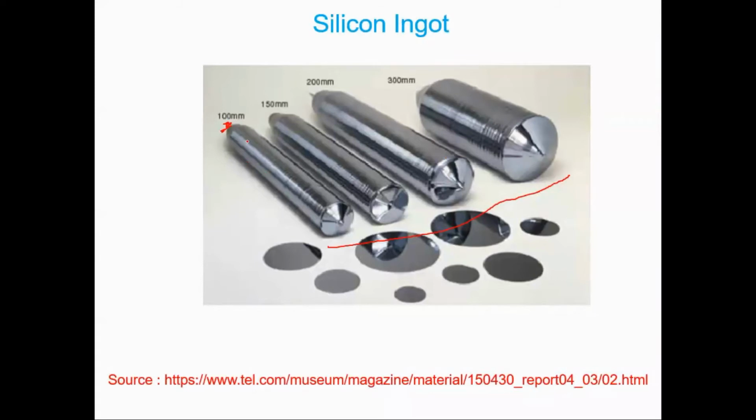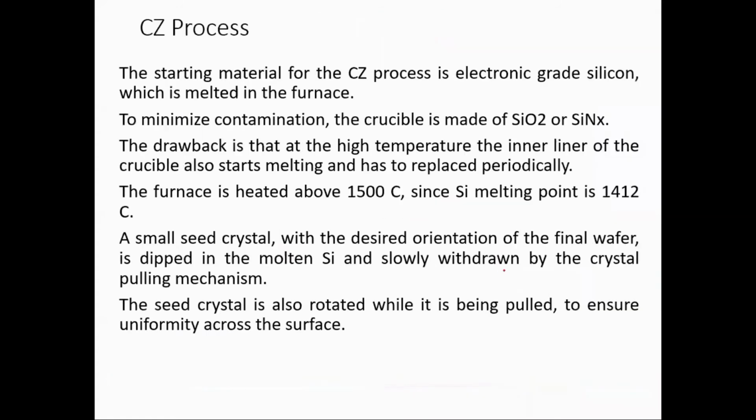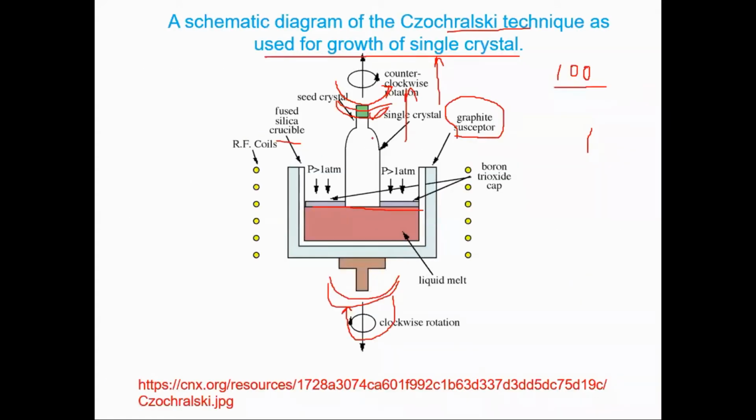They are of different sizes: 100 millimeter, 150 millimeter, 200 millimeter diameter, 300 millimeter diameter. When you cut them, you will get wafers like that. On these wafers, you will create small sectors, and each small portion is actually your IC. On this, your IC is fabricated. So this is how your ingot is created.